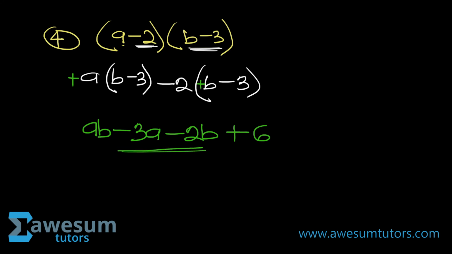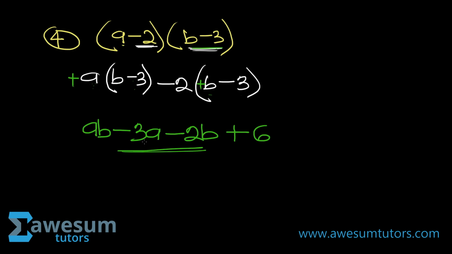Again, what did I do? We use this a to multiply b minus 3, and also this negative 2 to multiply this b minus 3. We have it right here. A times b is ab. A times negative 3 is negative 3a. How did we get that? We said a is the same as positive a, and positive times negative is negative, because they are unlike signs.